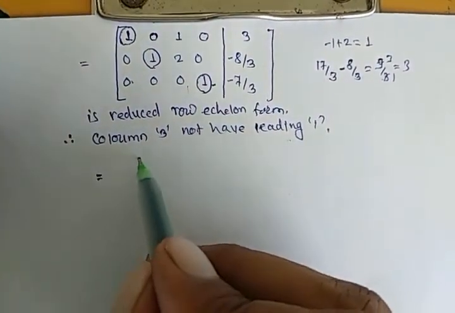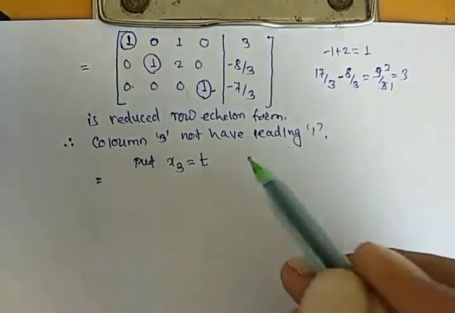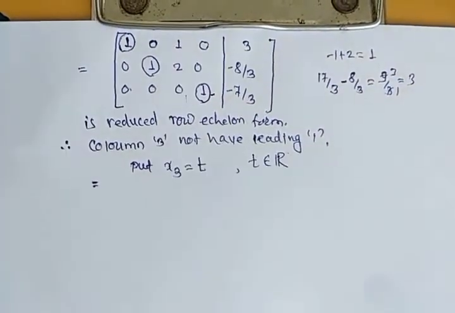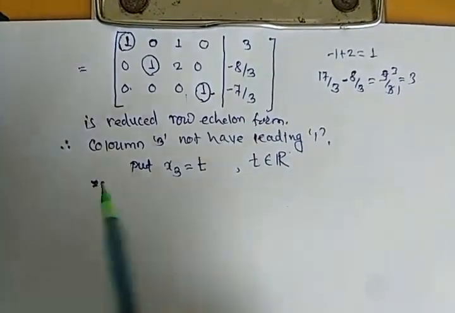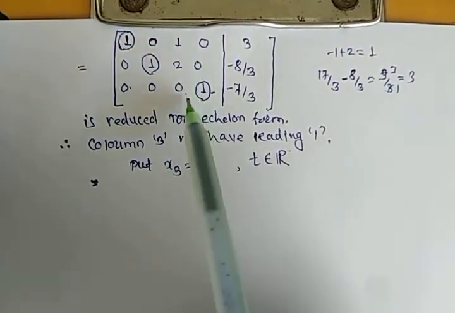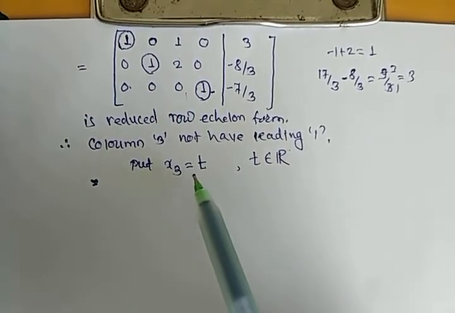So we put x3 is equal to t, where t belongs to R, any real number. We put x3 is equal to t because it is the coefficient related to the column of x3.